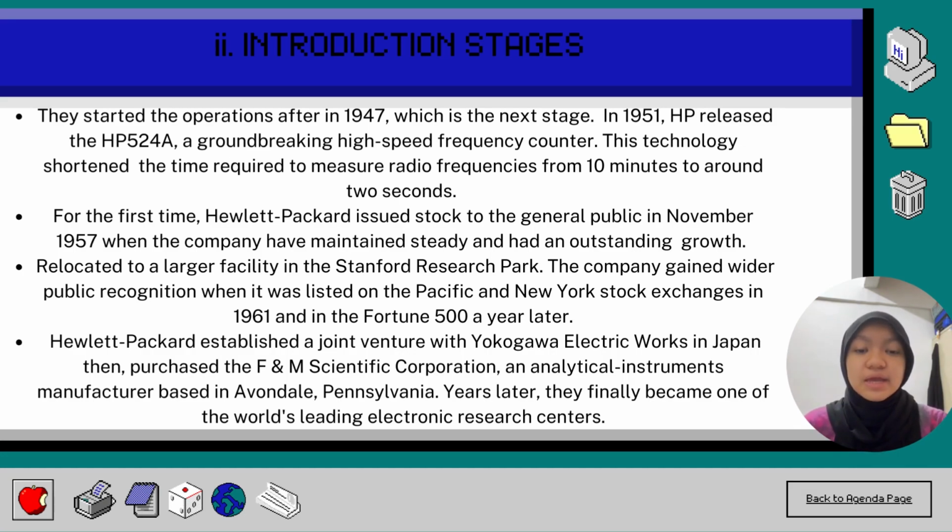The company gained wider public recognition when it was listed on the Pacific and New York Stock Exchange in 1961, and in the Fortune 500 a year later. HP established a joint venture with Yokogawa Electric Works in Japan.